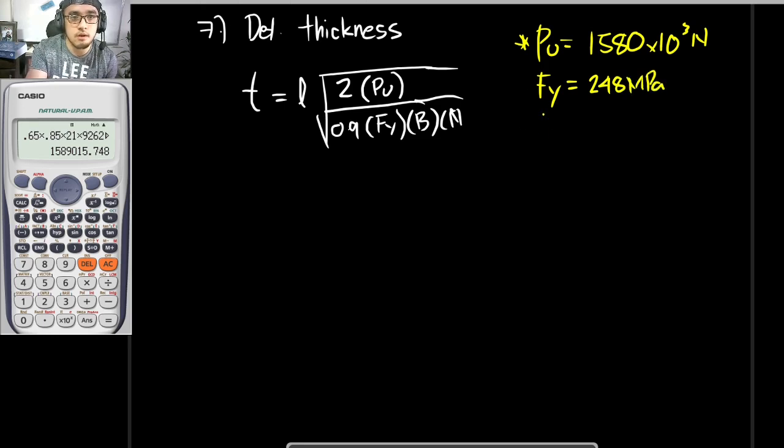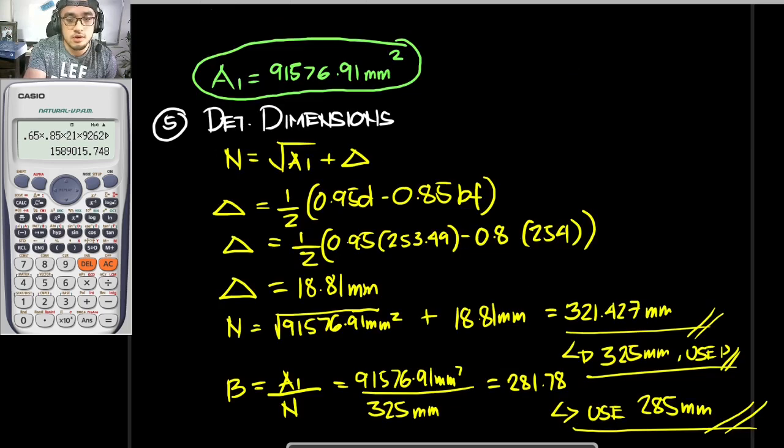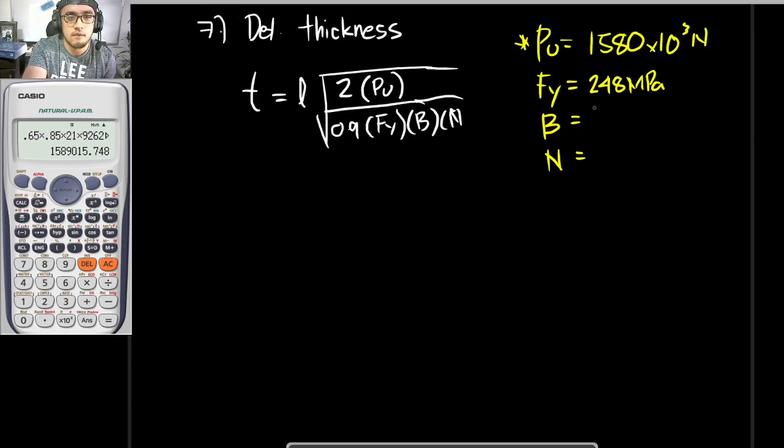And as for our B and N, ulitin ko lang, nakalimutan ko. That is to be 325 and 285. So 285 ang base and 325 ang N. This is to be millimeters. And as for our L, di natin pa alam yan.